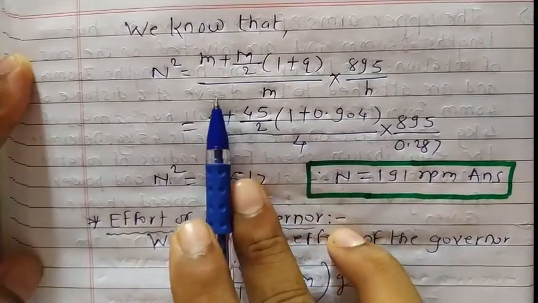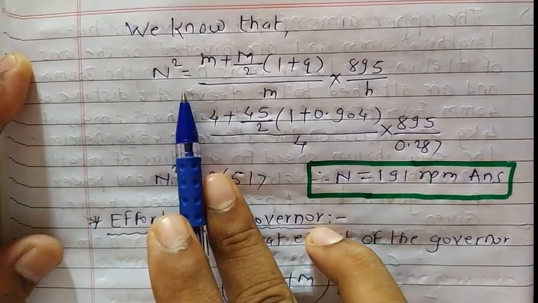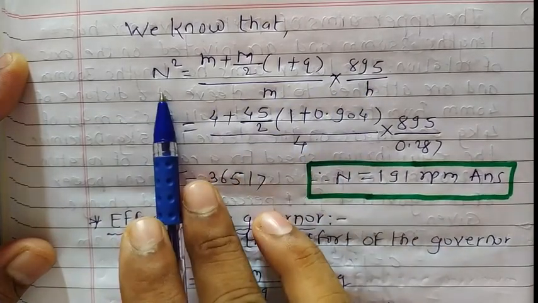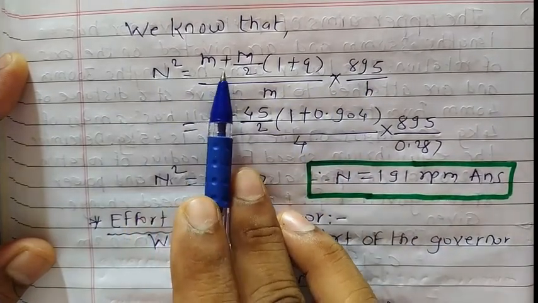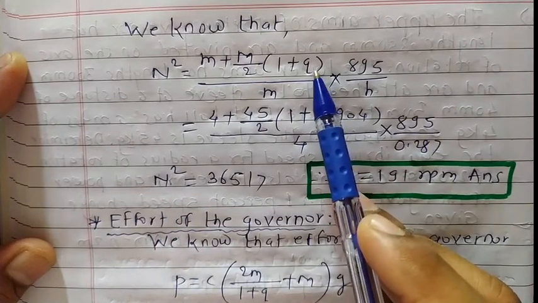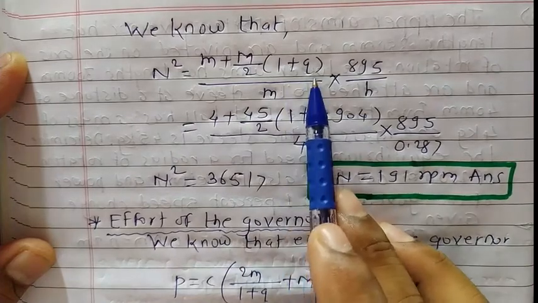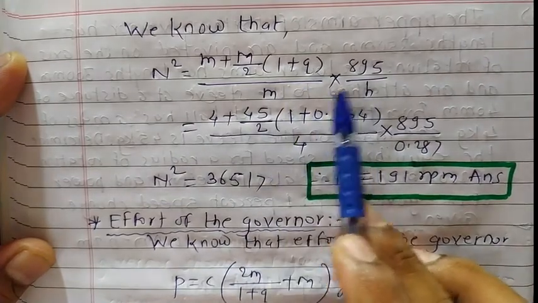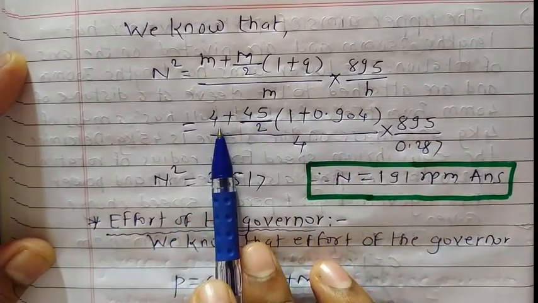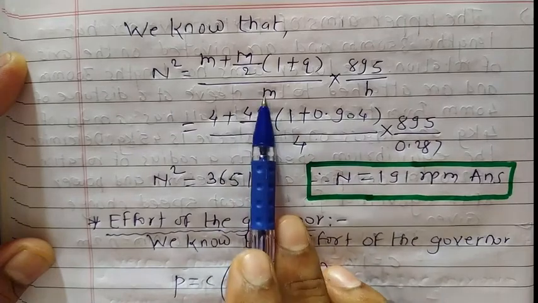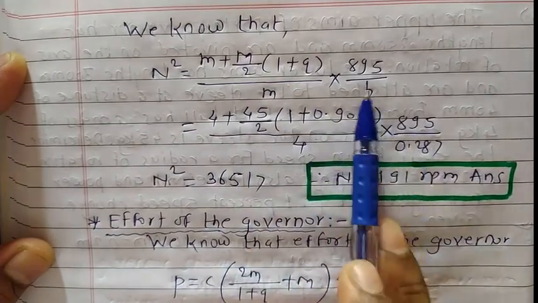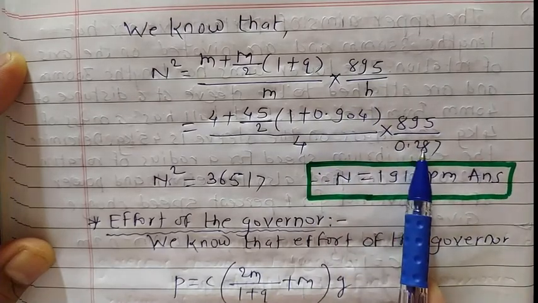So we know the relation between the speed and height of the governor in the case of water. We know this relation: n square equals (m plus capital M by 2). By considering alpha and beta values different, Q comes into the picture: (1 plus Q) divided by M into 895 divided by H. So substitute M as 4, capital M as 45, Q as 0.904, H as 0.287.